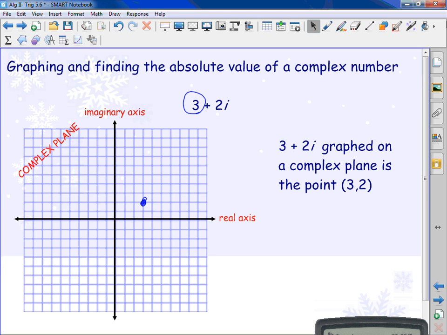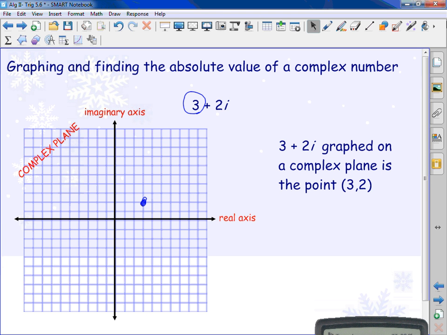How much it really is? The distance on a number line to 0. Absolute value basically means how far is it from 0. If you had negative 5, how far is it away from 0? 5. How far is 6 from 0? 6.